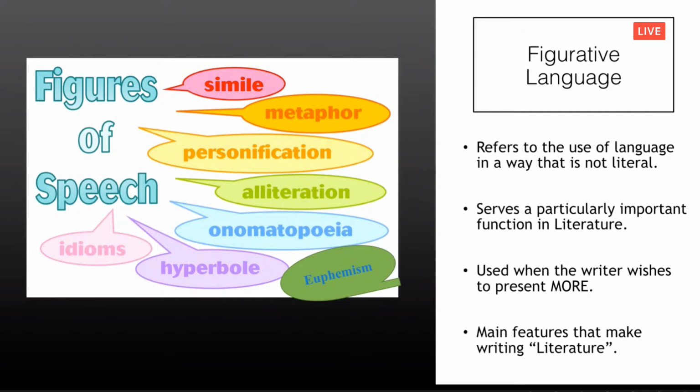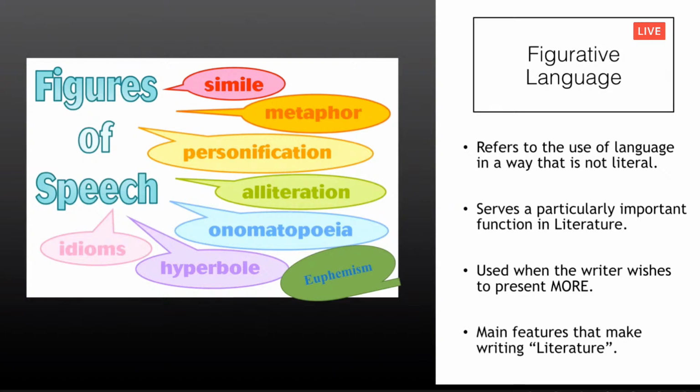Last time, we looked at similes, metaphors, personification, alliteration, onomatopoeia, hyperbole, and we stayed at euphemism, a mouthful, the last time. This time, we've got just one more to do, and then that lesson will be over.